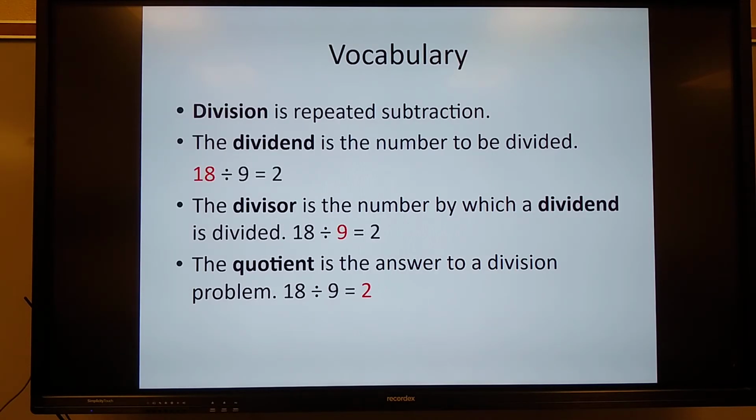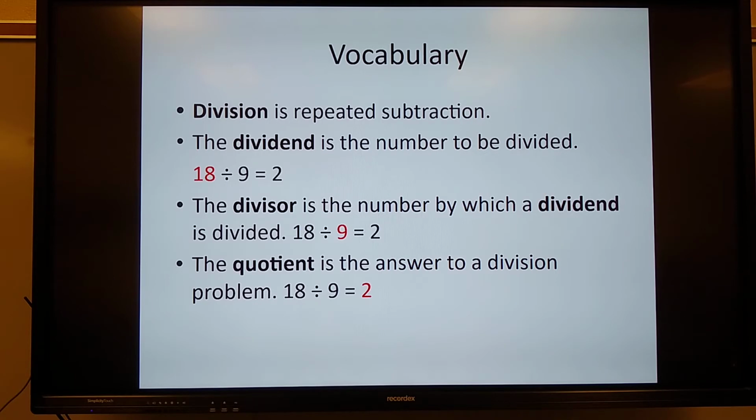The definition of division is repeated subtraction. Remember, multiplication is repeated addition. Division is repeated subtraction. The dividend is the number that is being divided. For example, 18 divided by 9 equals 2. 18 is the number that's being divided.